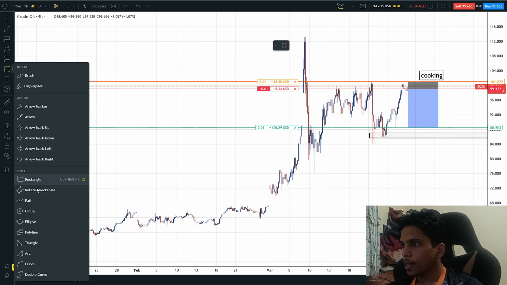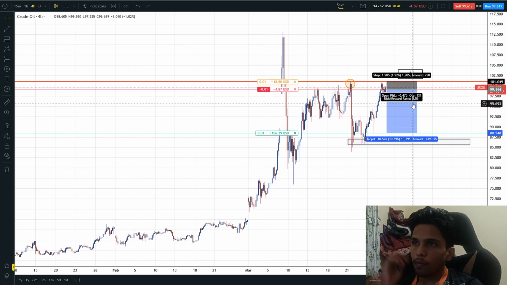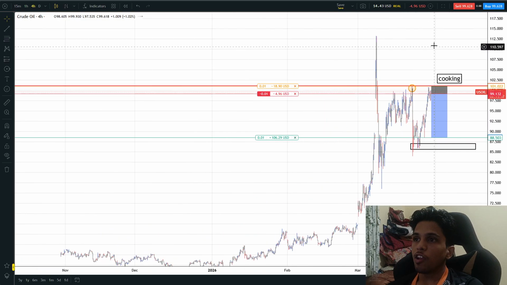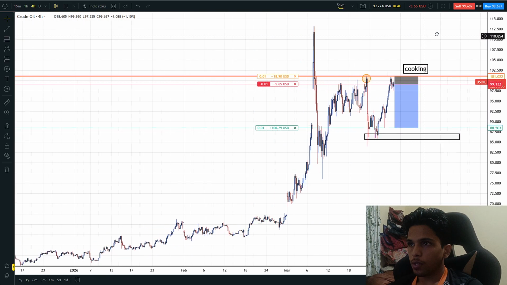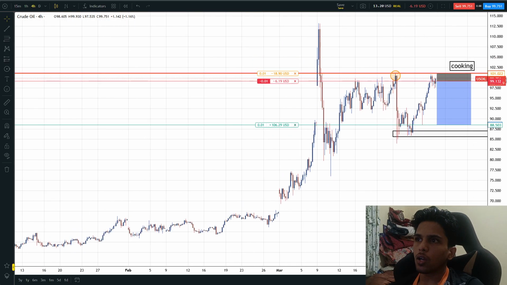From this zone we are expecting it to go down and then go up. It hasn't happened last time, I think. It is rolling out a little, but it did not go there.